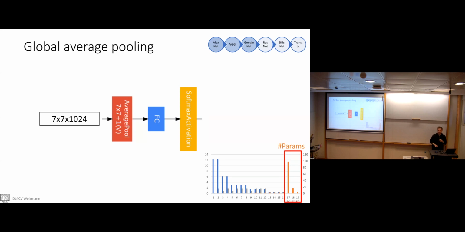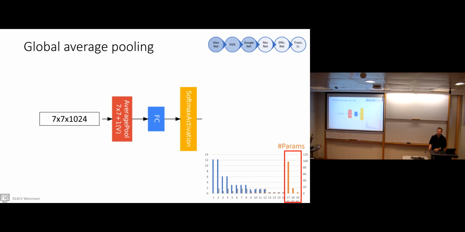And after that, a small fully connected layer to predict the classes themselves, the 1,000 labels. That was their solution to reducing the parameter count, which is very nice. I think since then, nobody used fully connected layers at the end.